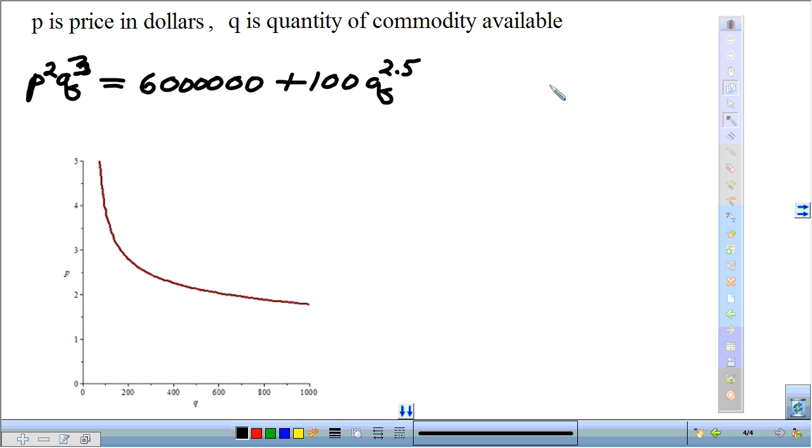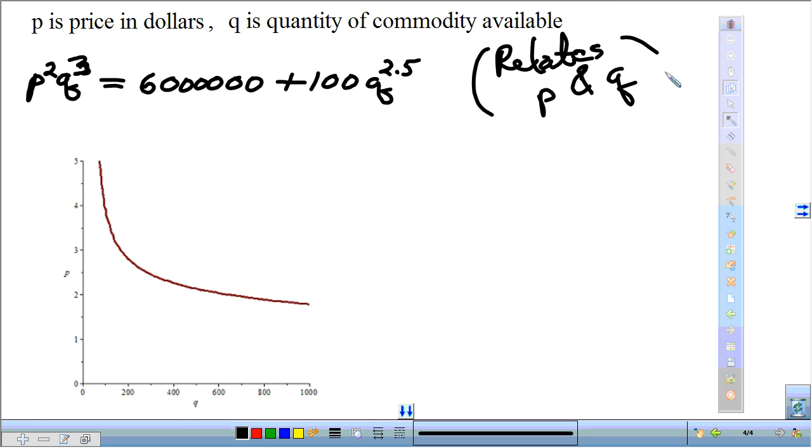And so we get this relationship between those two items. So we have a relationship p squared times q cubed equals 6 million plus 100 q exponent 2.5. So this relates the two variables p and q.